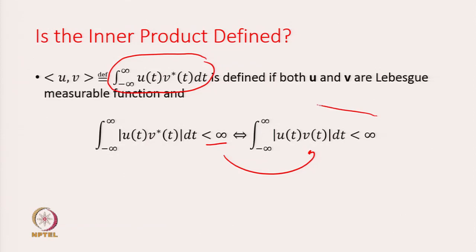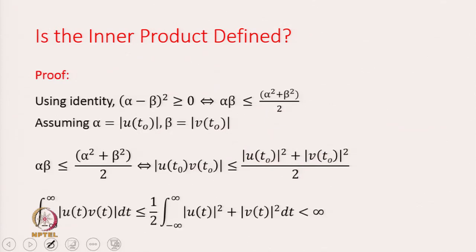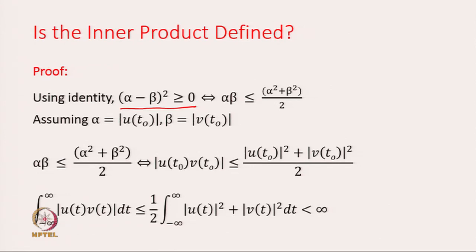Now, we have to check under which condition this is valid, okay. And for doing that, the idea is very simple. We can use the identity from the complex world. So, you know that alpha minus beta whole square is greater than or equal to 0, and from this we get alpha beta is less than or equal to alpha square plus beta square by 2.